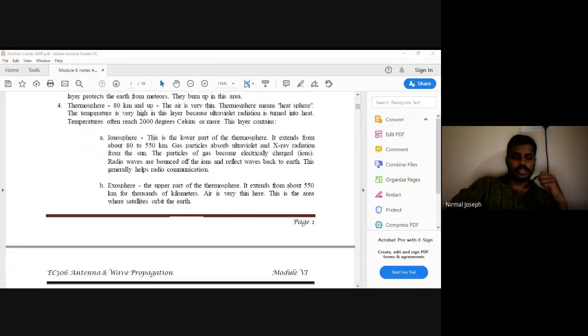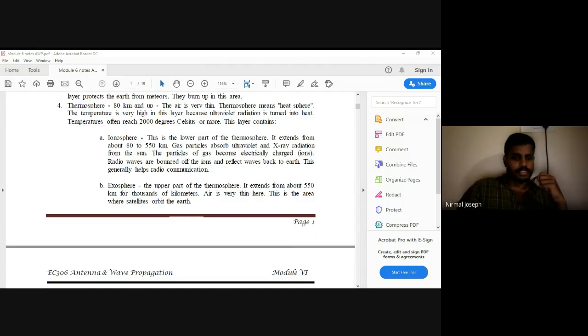Next layer is the exosphere. Naturally, this is the upper part of the atmosphere. It extends from 550 to thousands of kilometers. Finally, it dissolves into space. We can say that air is very thin here. That is common sense. It is the topmost layer, so air density is very low. This is the area where satellites orbit.